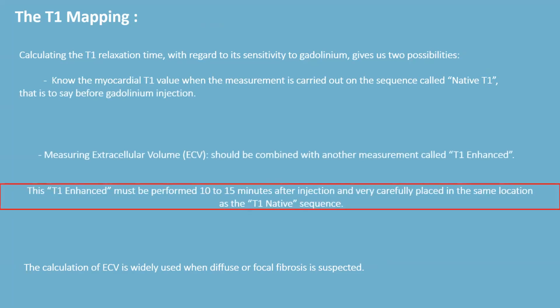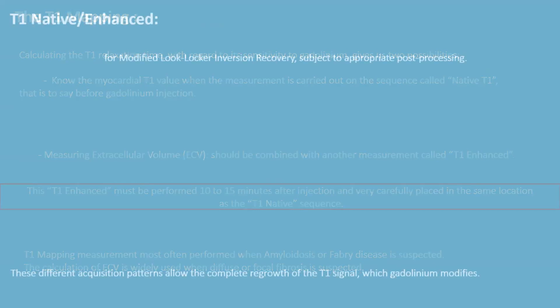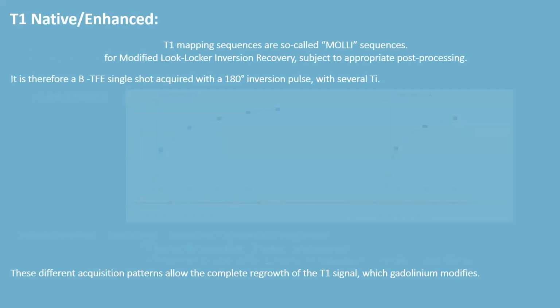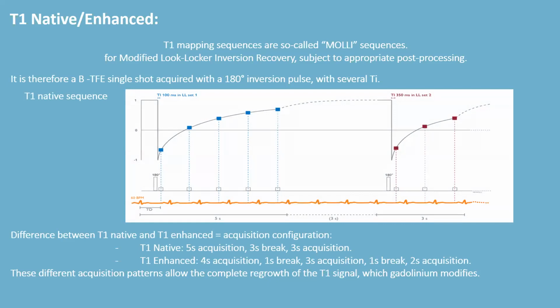The objective is to measure the extracellular volume, which should of course combine native T1 and enhanced T1. As I said, we can see the enhanced T1 applied. We use the MOLLI sequence, the modified Look-Locker inversion recovery, and we do some post-processing.